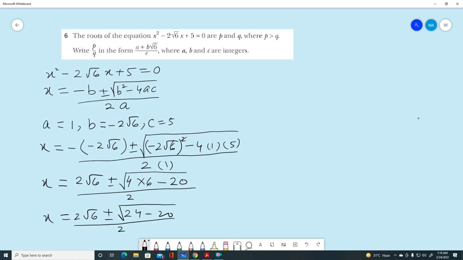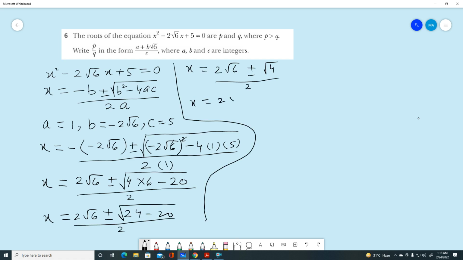Next, x is equal to 2 root 6 plus minus root of 24 minus 20, which is root 4, upon 2. x is equal to 2 root 6 plus minus root 4, which is 2, upon 2.